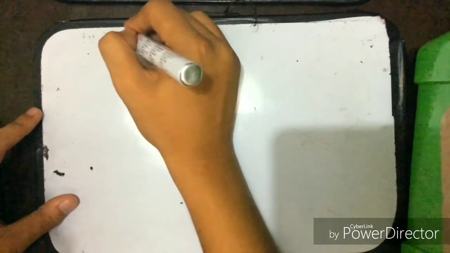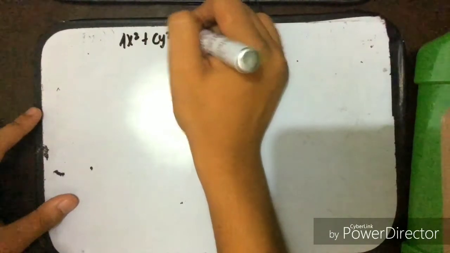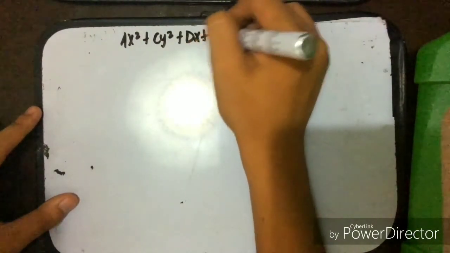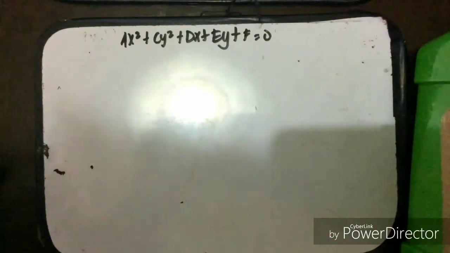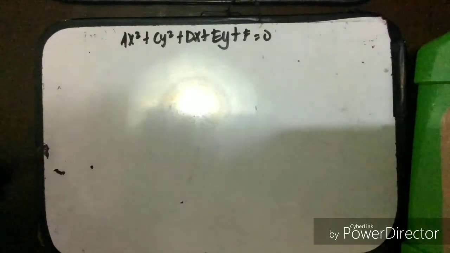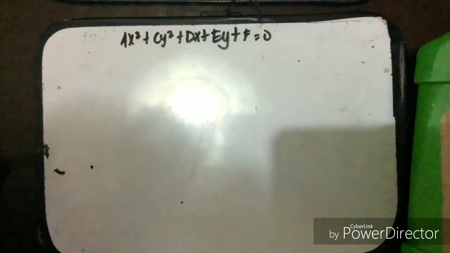The formula for the general equation of an ellipse is ax squared plus cy squared plus dx plus ey plus f equals 0. Now we will use the standard equation to derive the general equation of an ellipse.